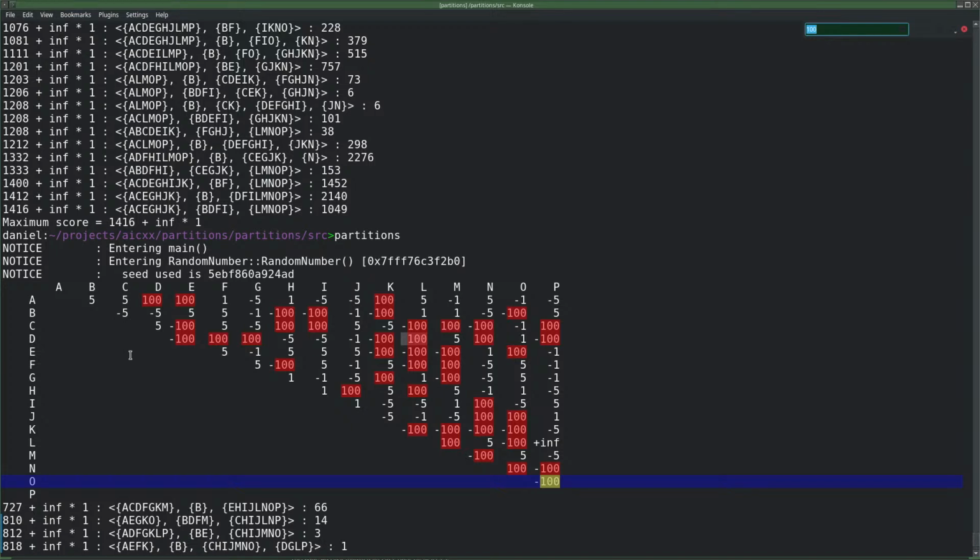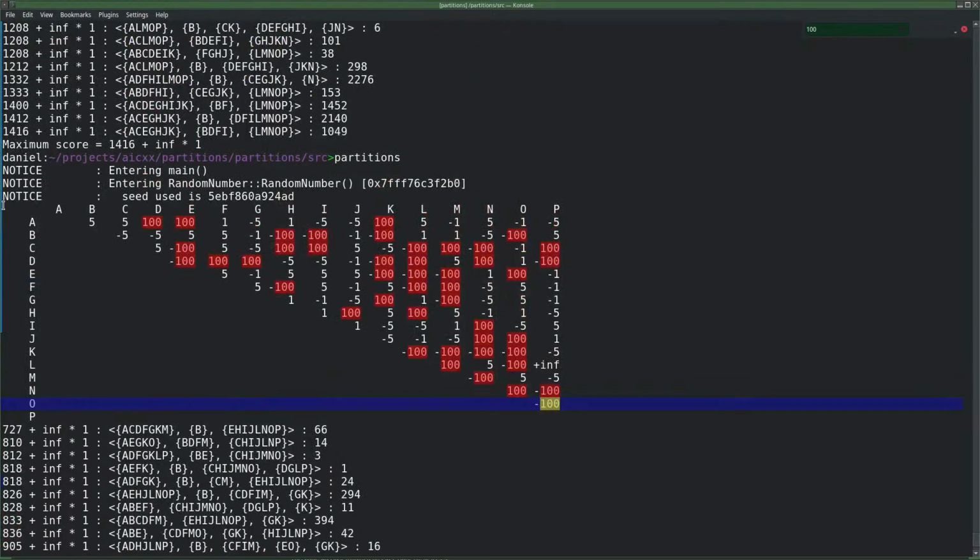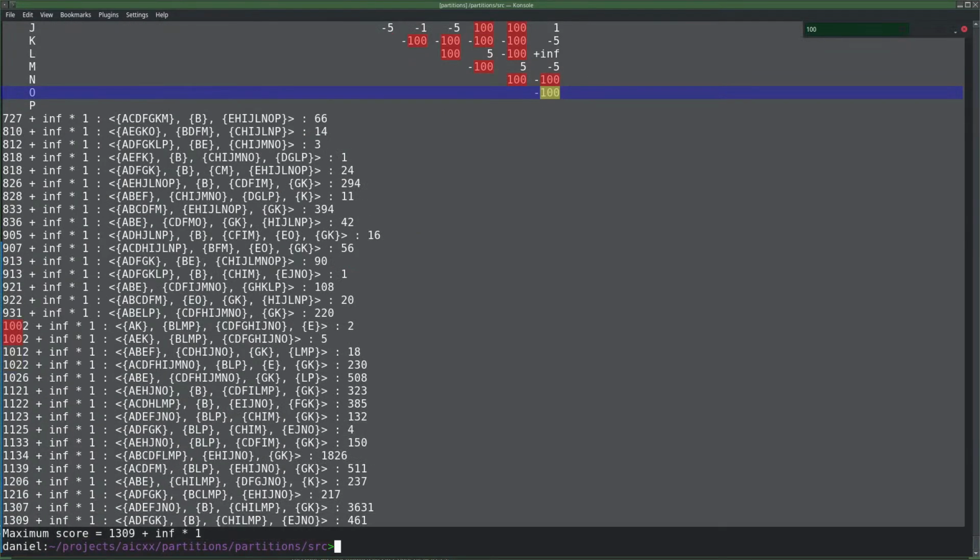Yeah, that's an idea. I guess I could look at the positive values and then add them all up for each element. If I would do that here, I would get... I have to copy it. Everything.